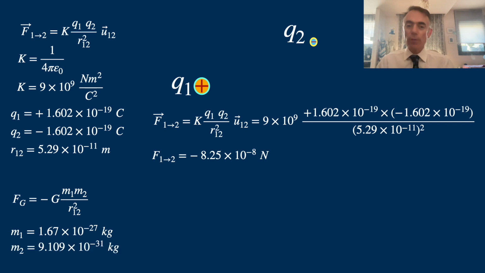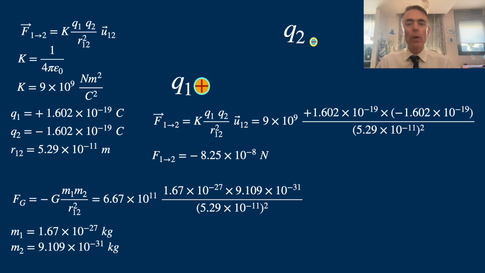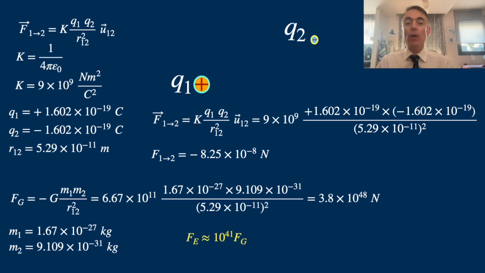The mass of the electron is 9.109 times 10 to the negative 31 kilograms. This into the equation gives that the force of attraction between an electron and a proton due to gravity is 3.8 times 10 to the negative 48. This is 41 orders of magnitude smaller than the electric force of attraction.